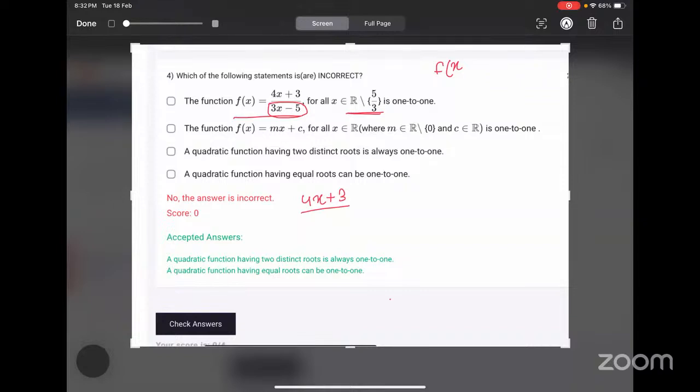So we have the function (4x plus 3) by (3x minus 5). We can rewrite it as 3x minus 5 plus x plus 8, right?